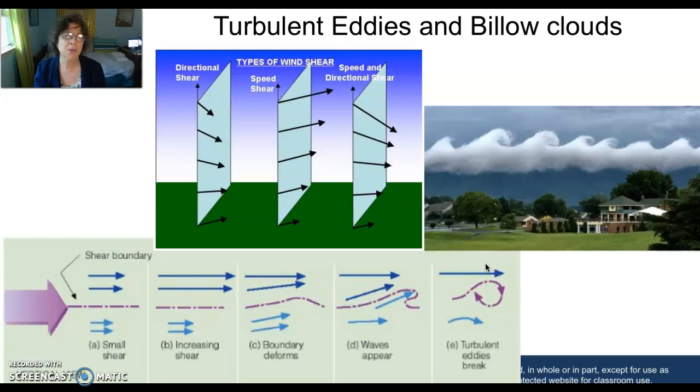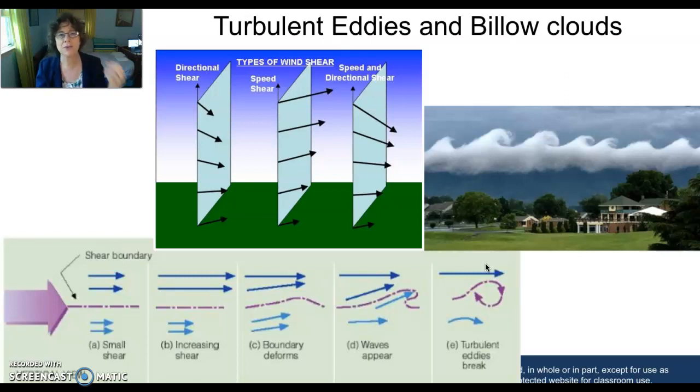To go into a bit of how eddies form, the obstructing object, which is the smokestack or the mountain, can cause wind shear. And to define wind shear a bit more for you, and we're going to get into this when we talk about tornadoes, wind shear impacts the vector of the wind.